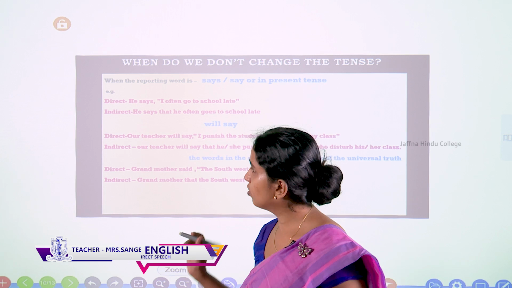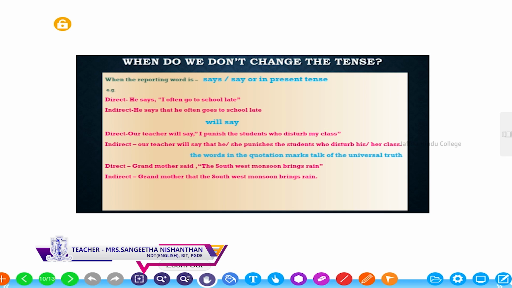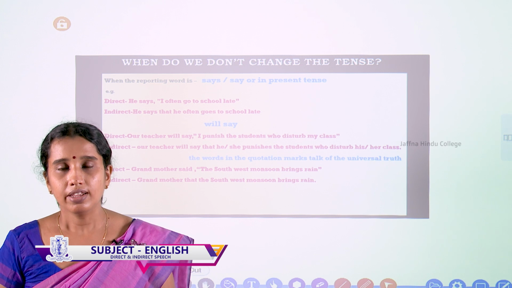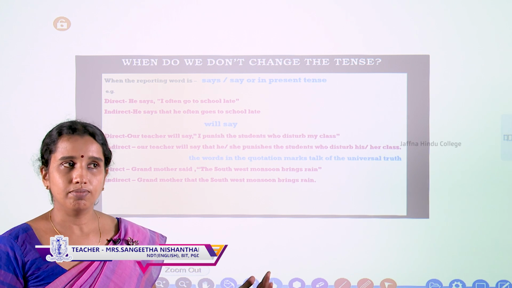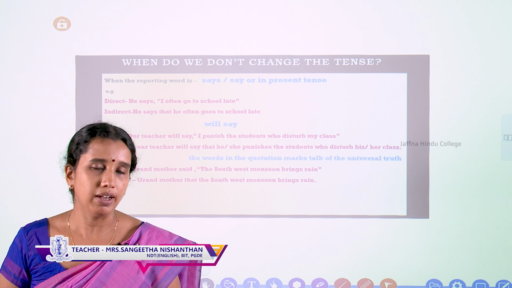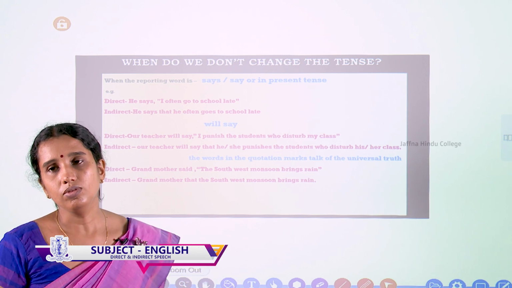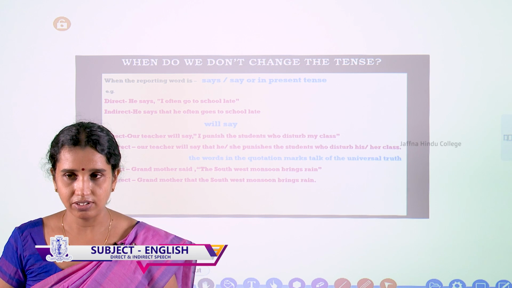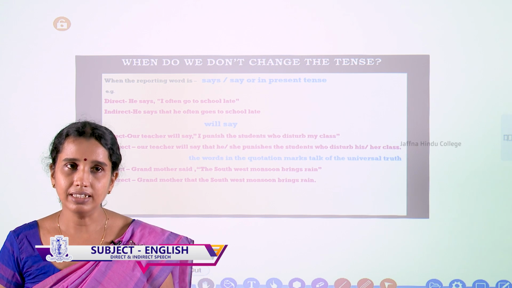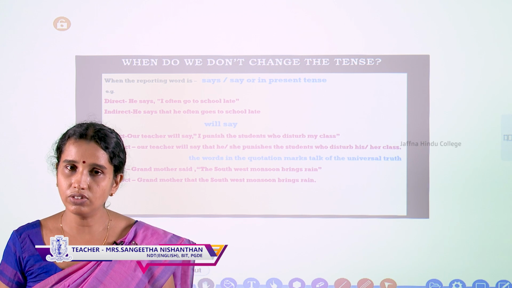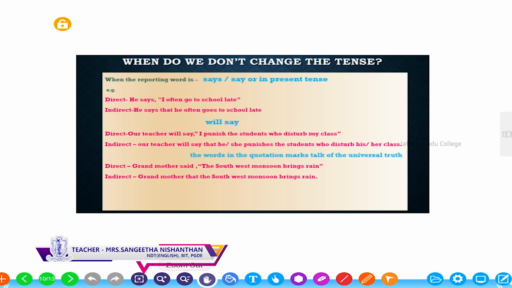When do we not change the tense? If the reporting verb is in present tense or in the future tense. If the reporting verb is in present, there is no need to change the reported speech into past tense, as the speaker always repeats that. So, we imagine that the statement in the quotes is true all the time, right?